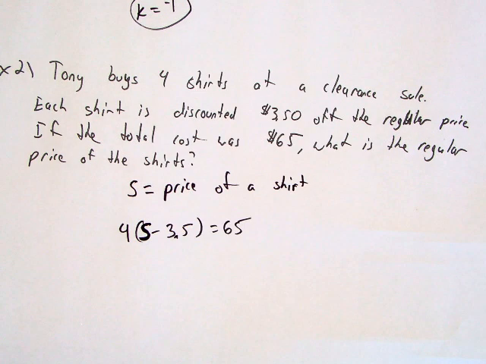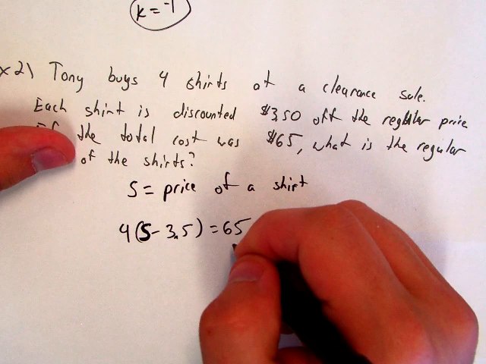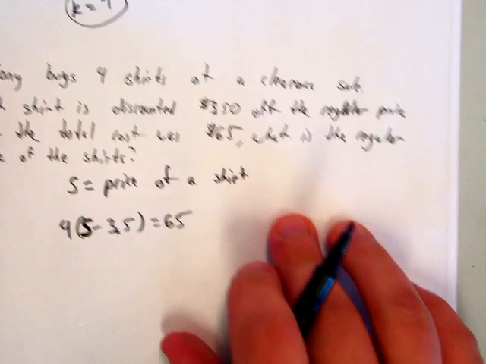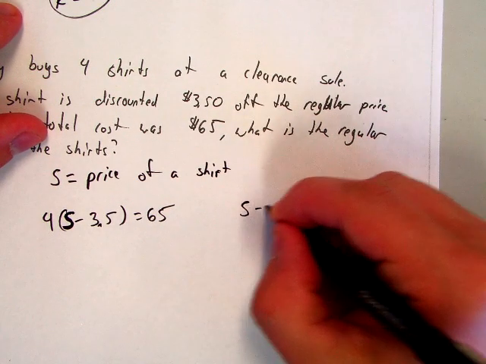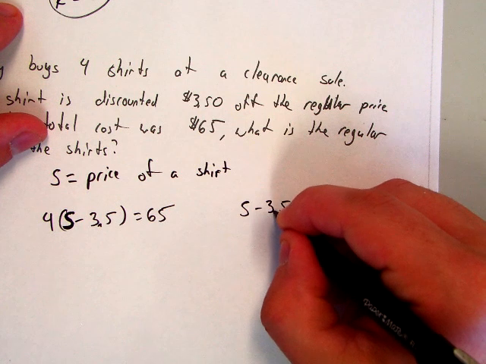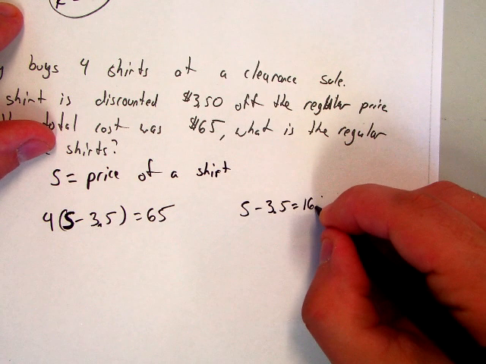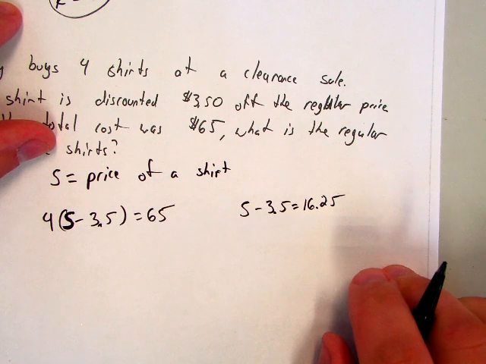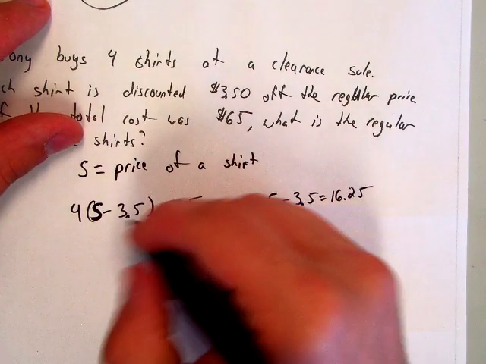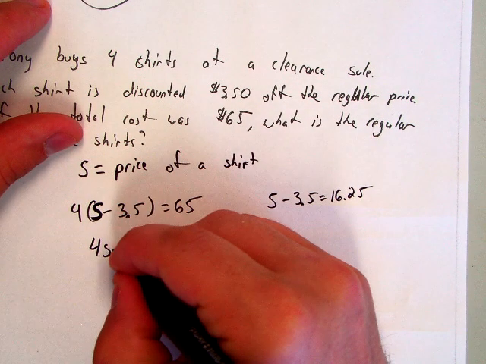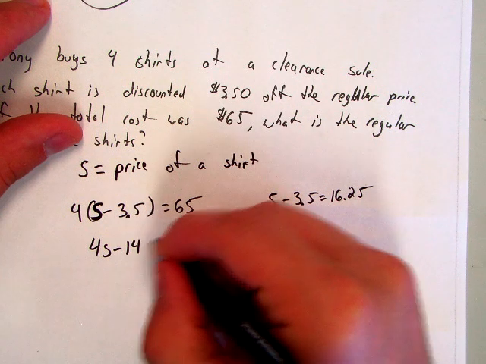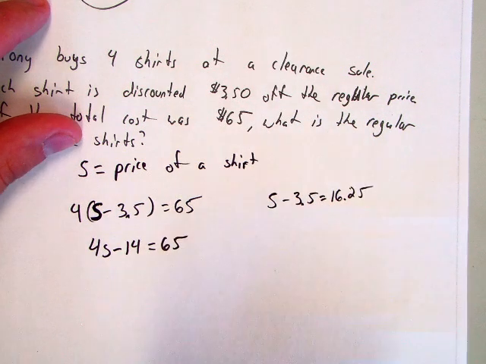Now, it's your choice, depending on what you want to do. I see that it's easier to do the distributive property than it would be to divide both sides by 4. But if you choose to divide both sides by 4, what you would have is S minus 3.5. That's going to be equal to 16.25. If you decide to do the distributive property, you have 4S minus 14 equals 65.